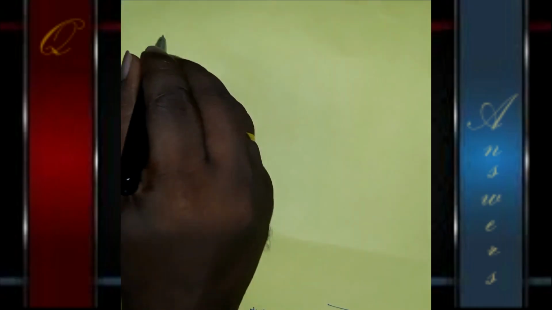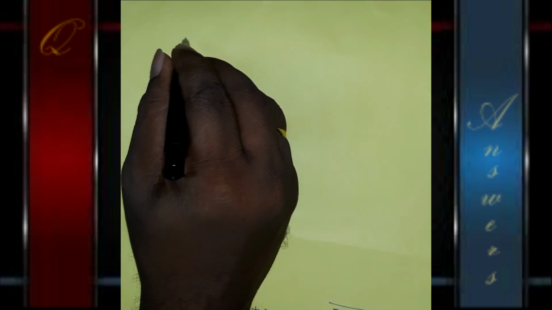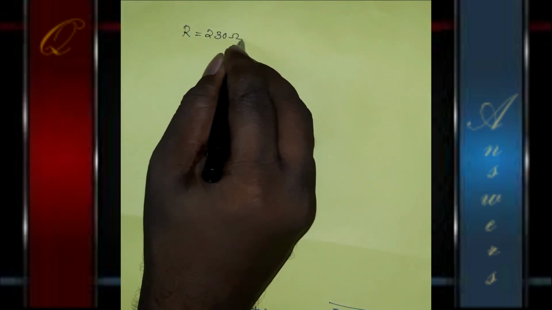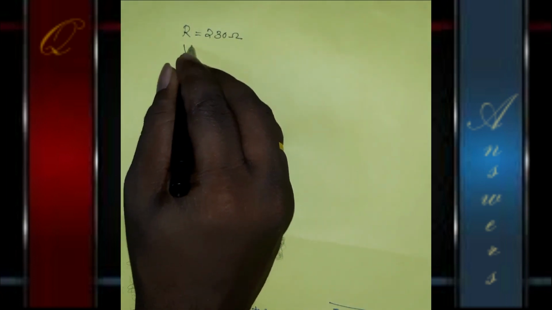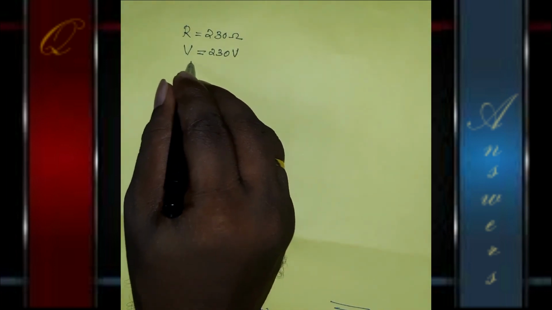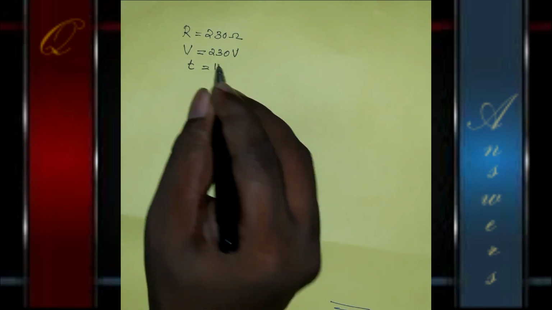The electric heater is having resistance R equal to 230 ohm. The potential difference, voltage, is 230 volt. Then the heat energy produced in 1 second, time is 1 second.